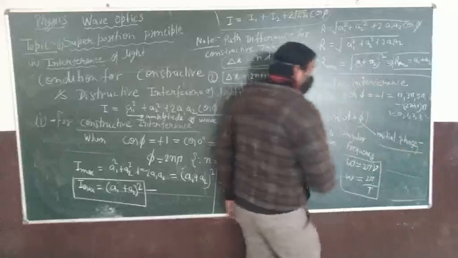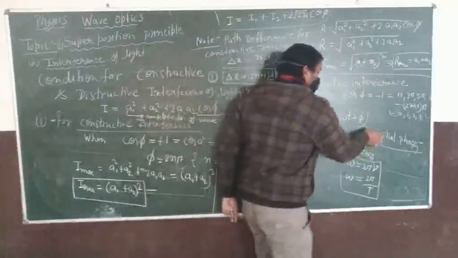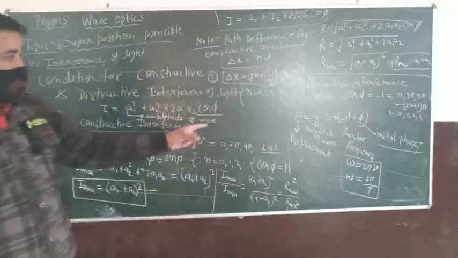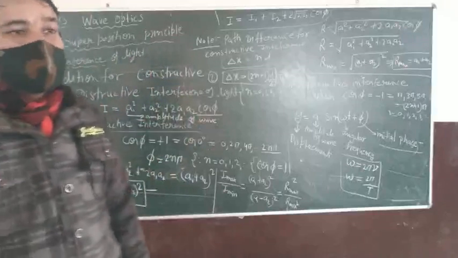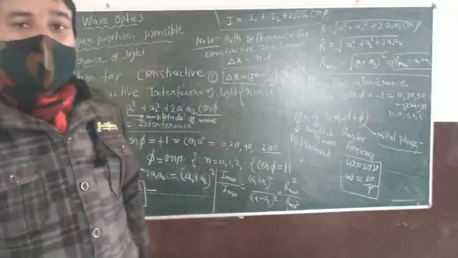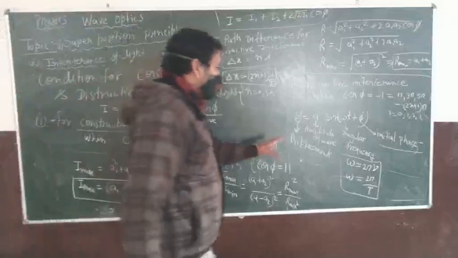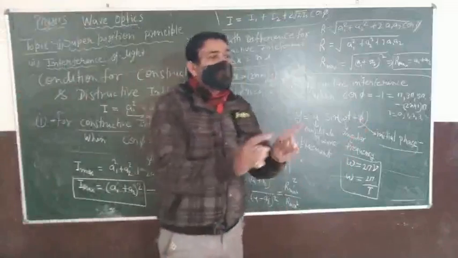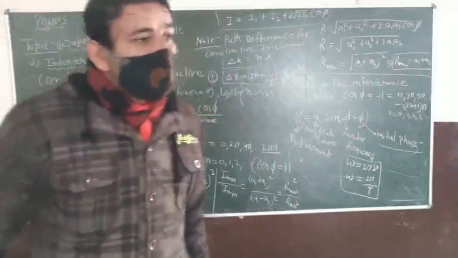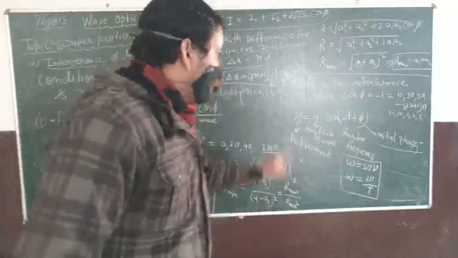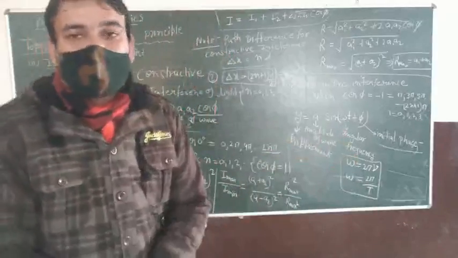I am not telling you about all these because in 11th class you have done y equals A sin omega t plus phi in the equation of simple harmonic motion or simple oscillatory motion. Okay, thank you.